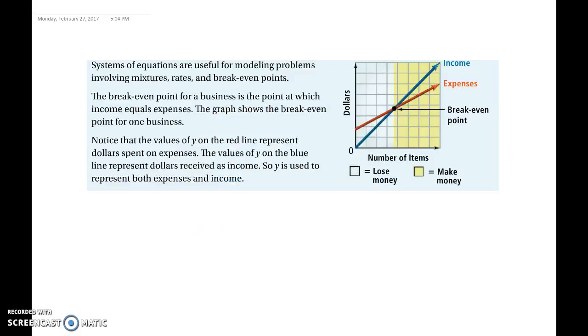All right, so systems of linear equations are actually something that you may use later on in your profession, depending on what you do. Systems of equations are useful for modeling problems involving mixtures, rates, or break-even points, and that's something that we're going to do next. The break-even point for a business is the point at which the income equals the expense.